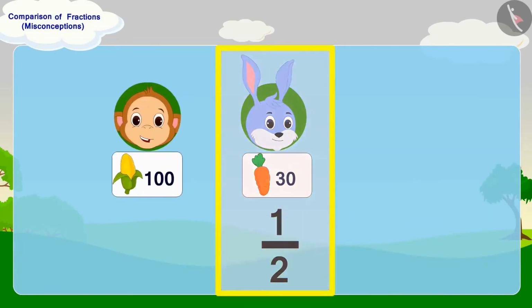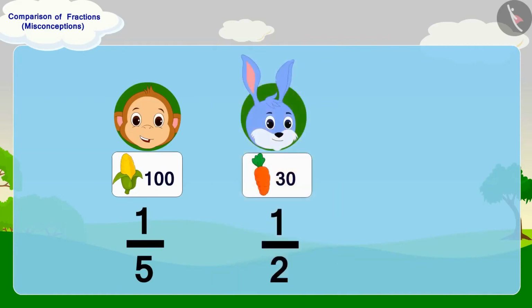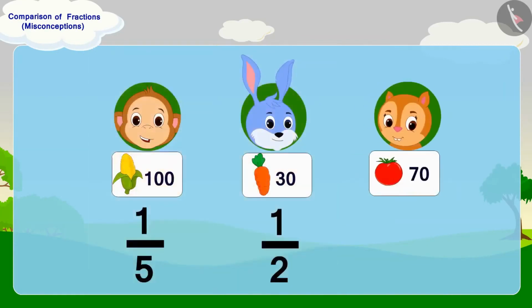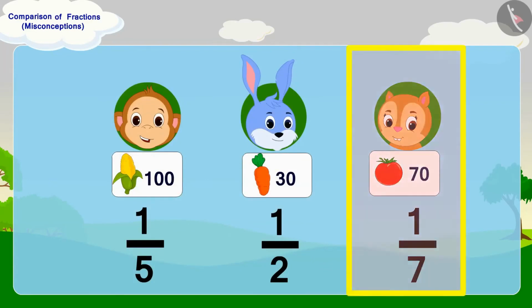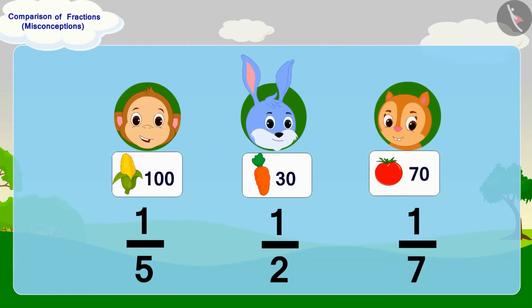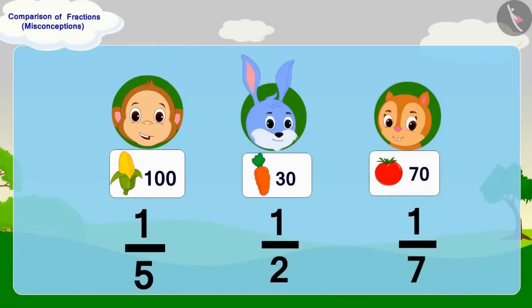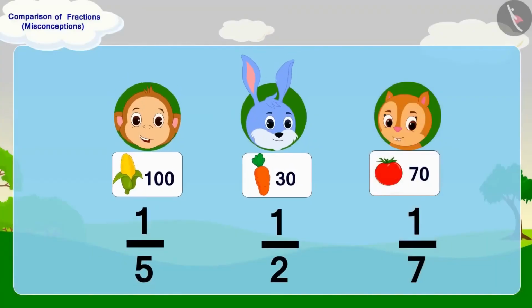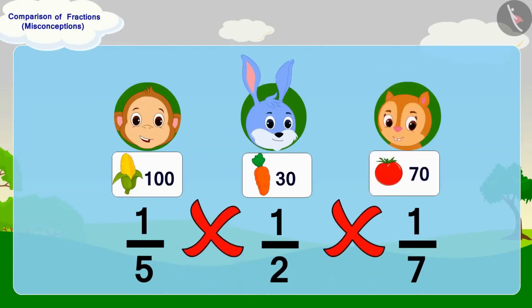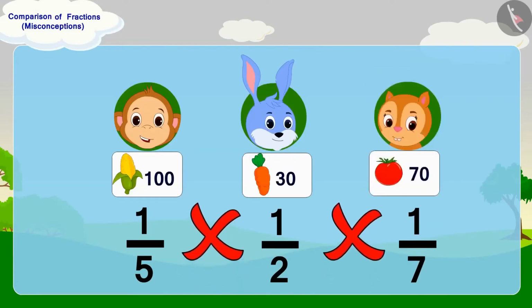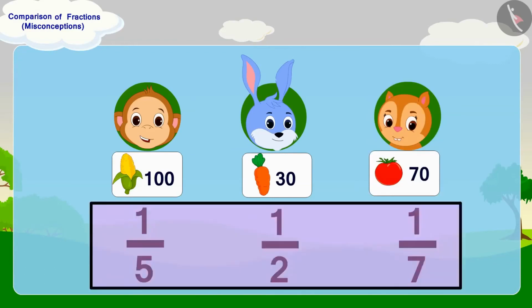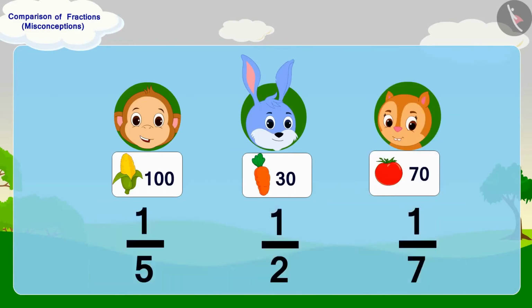Like half of 30 carrots, 1/5 of 100 corns, and 1/7 of 70 tomatoes. The amount of vegetables of Babban, Bunny and Chanda are different. Therefore, we cannot tell who has given more vegetables by just comparing the fractions.